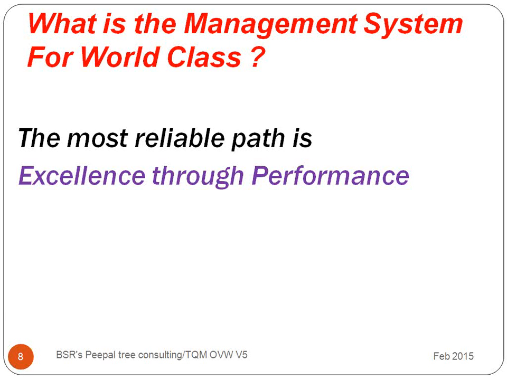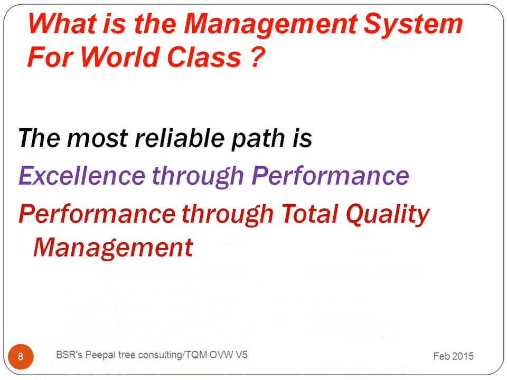And therefore, the question of how to get to this performance, by which way of management, has come to be answered by the management system called total quality management. Total quality management, or TQM, is not an end by itself.